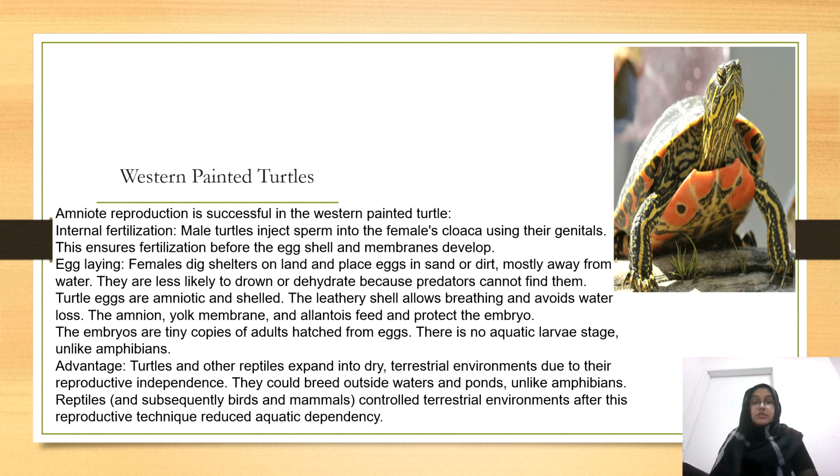This ensures the fertilization before the eggshell and membrane develop. Then females go dig a shelter, and then they place their eggs in the sand or dirt that is away from water, so they are much less likely to drown or dehydrate because predators cannot find them.